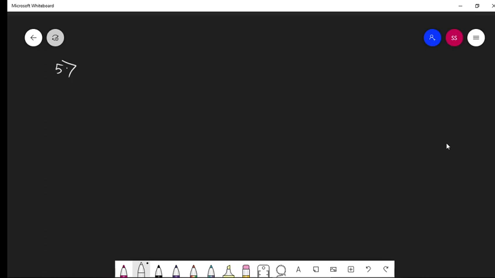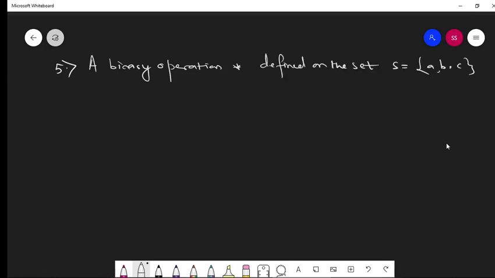A binary operation asterisk defined on the set S equals A, B, C is represented in the following Cayley's table, that is given in the same question.